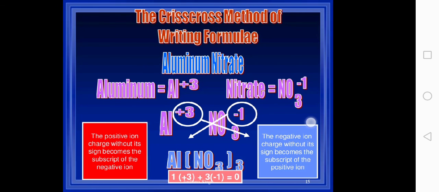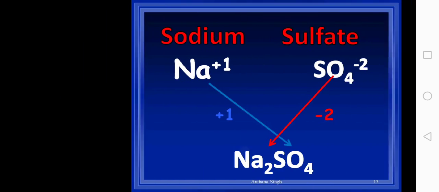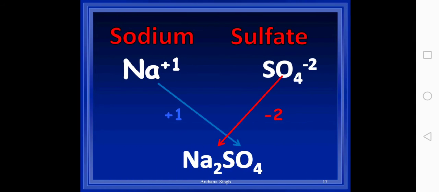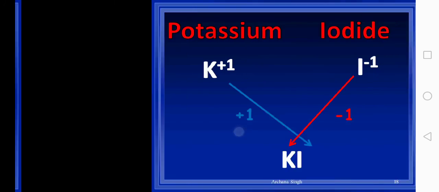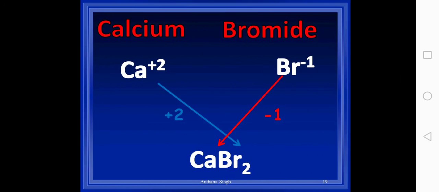And similarly sodium bromide, 1 plus 1 minus, they cancel out, formula becomes NaBr. Sodium sulfate, 1 plus 2 minus, different charges, so 2 becomes here, Na2SO4 is the formula. Like iodide has 1 minus charge, potassium has 1 plus charge, so its formula becomes KI.